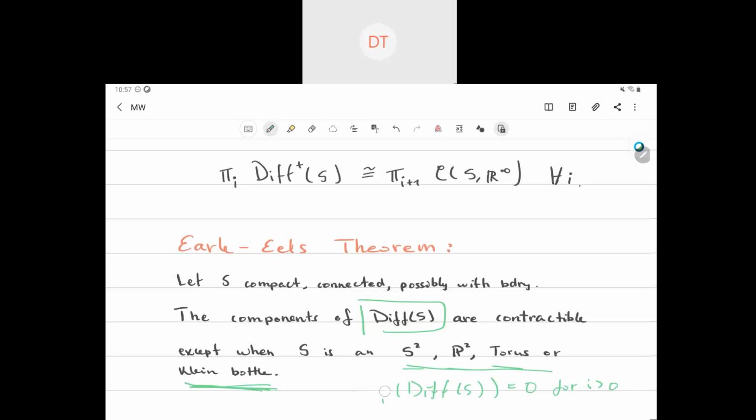Okay, so let's use it in our case, and what we get is that, say, if we have genus greater than 2, then we are staying away from these. So say that our original surface has genus greater than 2, then we have exactly what we want.